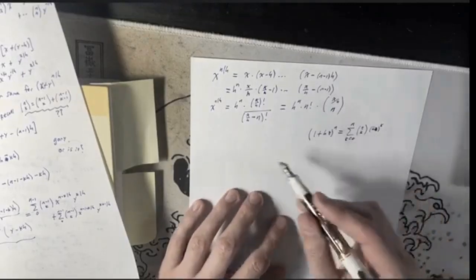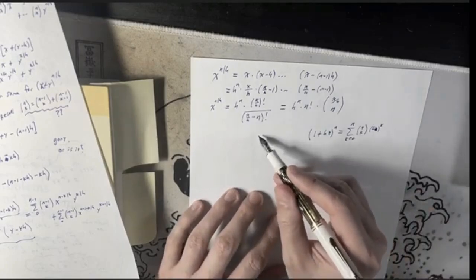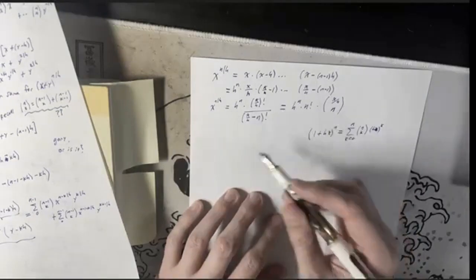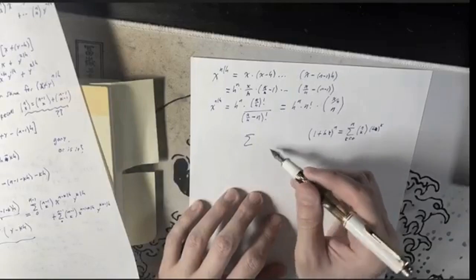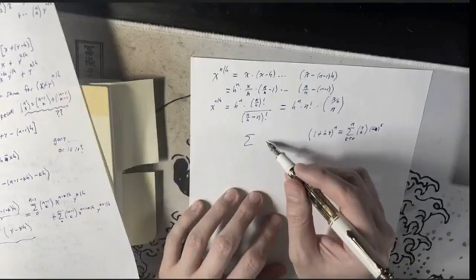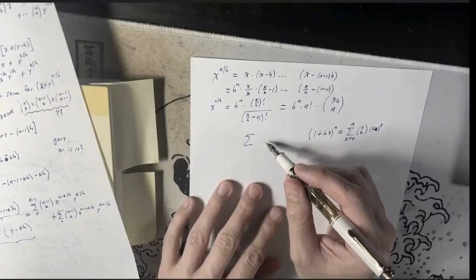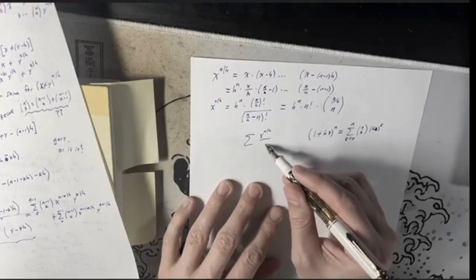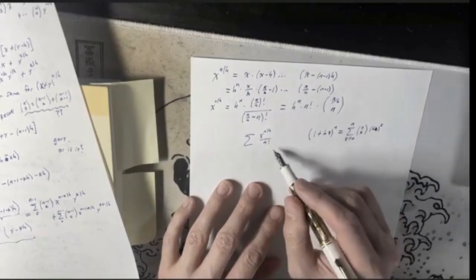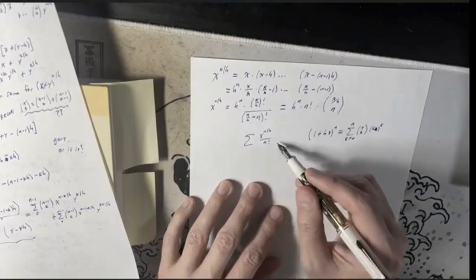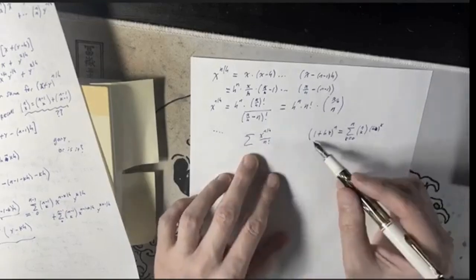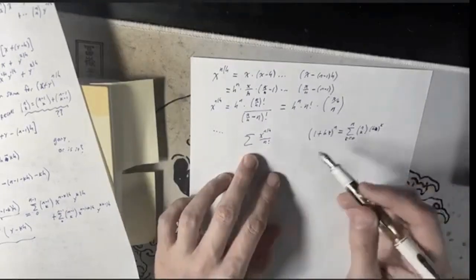Oh, I know what he's doing. He's probably looking at, he says take this series and divide by n factorial. I'm trailing off here because I forget his next line, but he obviously expanded this.